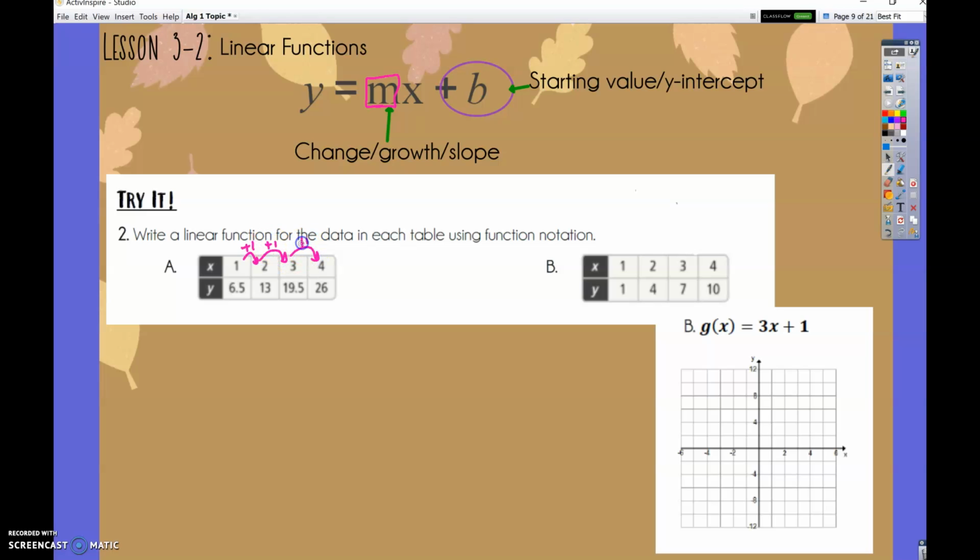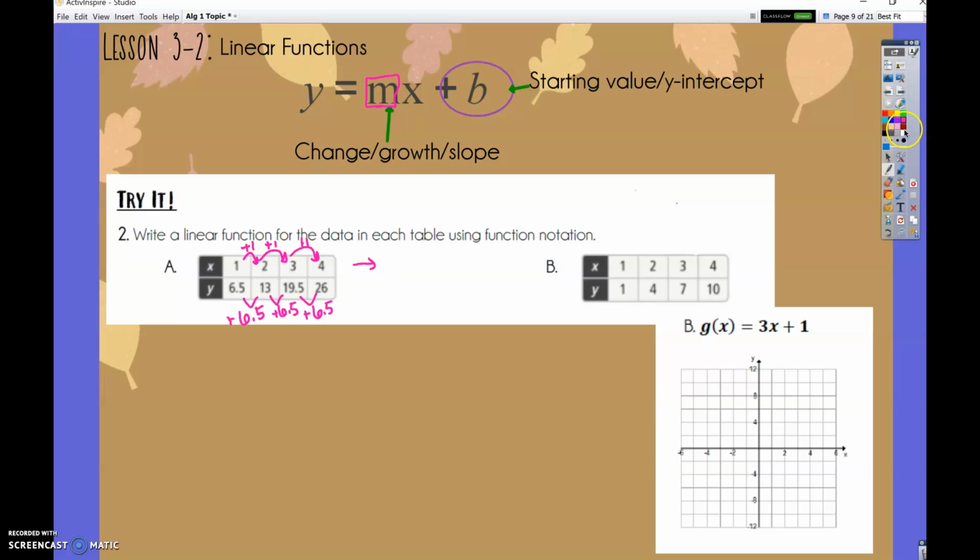We're moving over a step, over 1 in the x direction. But our y values are growing by 6.5. That is, if I add 6.5 and 6.5, I get 13. If I add 13 plus 6.5 again, I get 19.5. It's a nice, steady growth.